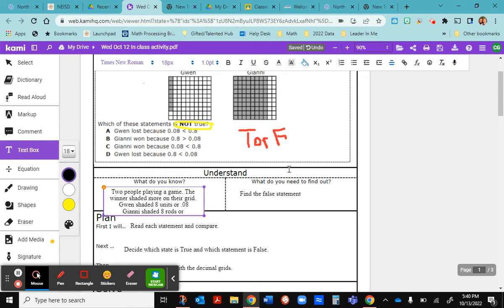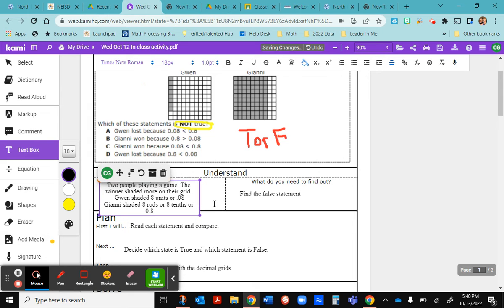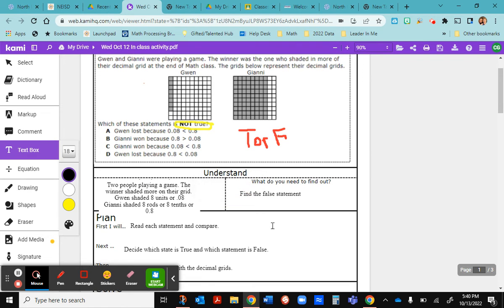It would have been 80 hundredths or 8 tenths. I can type out 8 tenths or put in my 0 for whole numbers, my decimal point, and my 8. So you can see how many ways that you can type that out. You can do the same thing with the hundredths as well. And now we're going to find that solution. I'm going to delete that little box there.